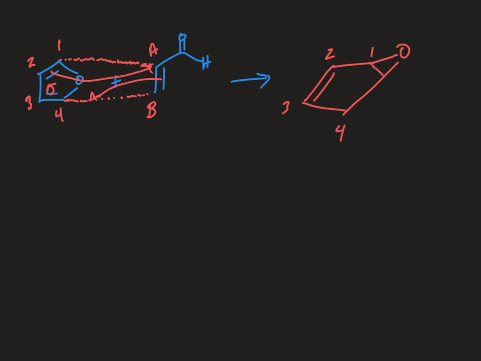Then 1 is attached to A, 4 is attached to B. Those two are linked together. A then has the aldehyde, and that aldehyde needs to be endo. So I'm going to draw it down, and then my hydrogen is going to be exo and up with that oxygen. So it's kind of awkward.